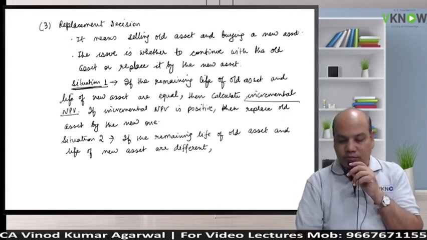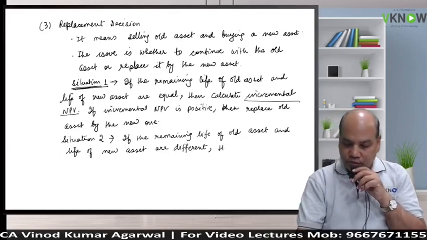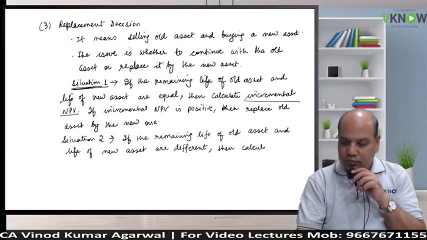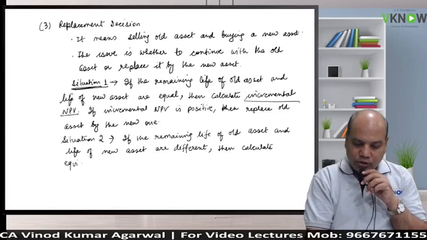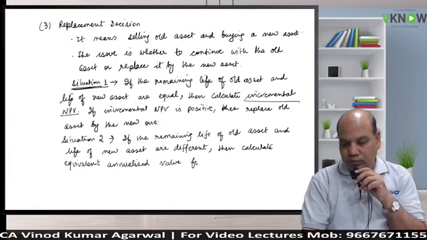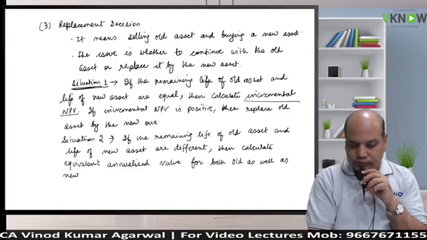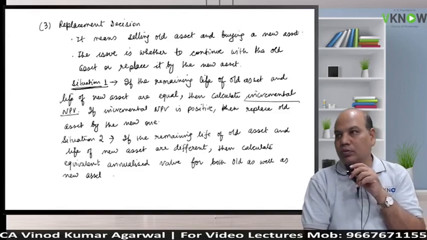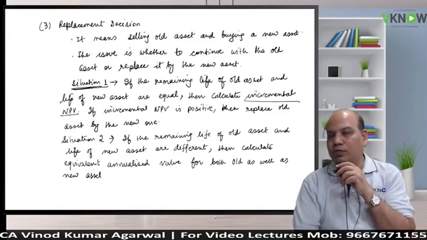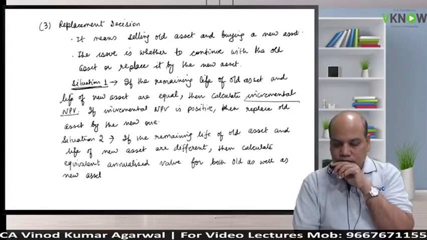Then how do you compare them? If the remaining life of the old asset and the life of the new asset are different, then calculate equivalent annualized value for both the old as well as the new asset. Understood?